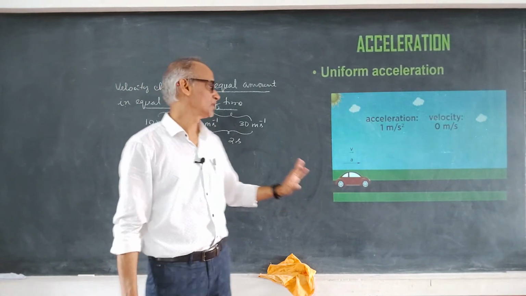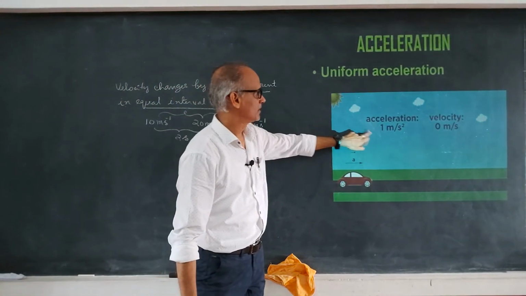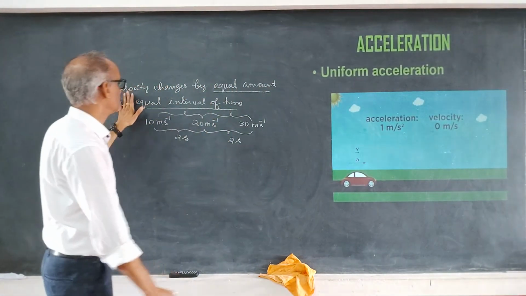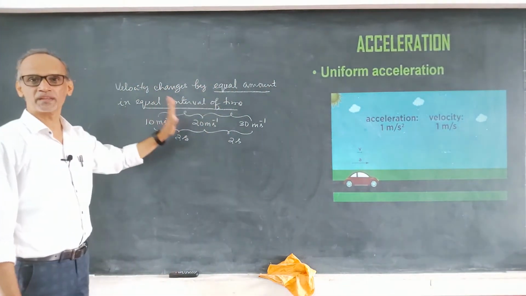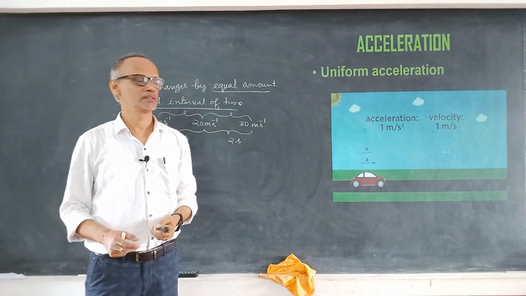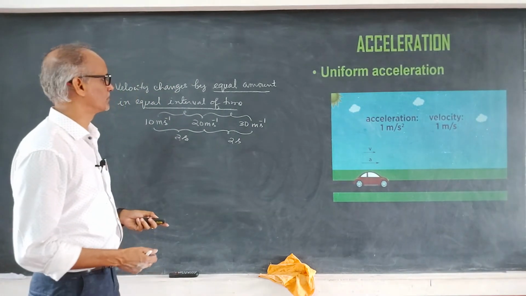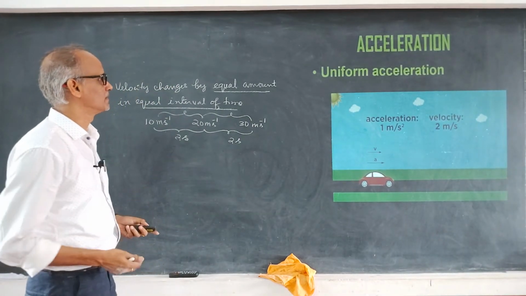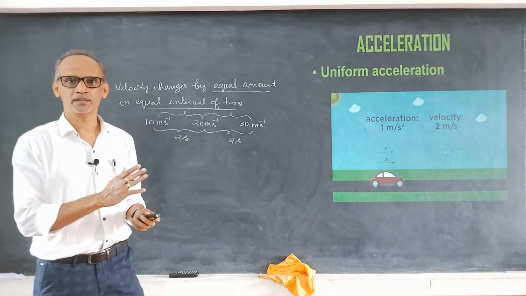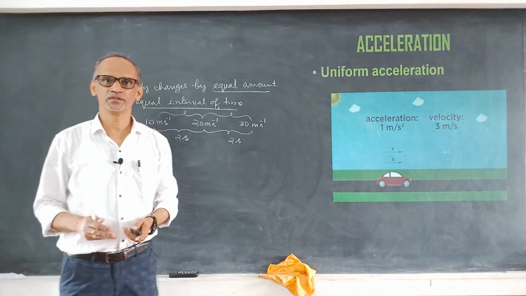So, fixed acceleration, but velocity continuously changes, by equal amounts in equal intervals of time. That is uniform acceleration. Hope the important term is clear to you all.